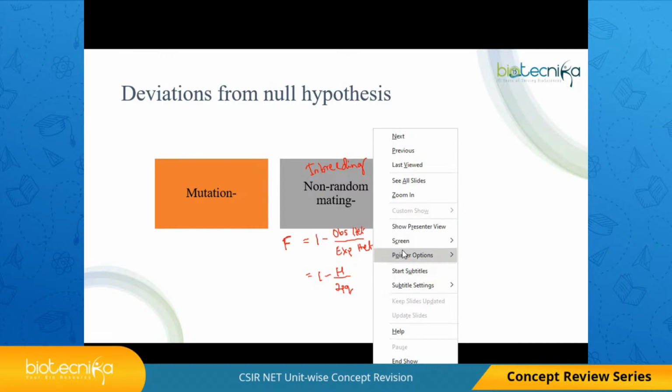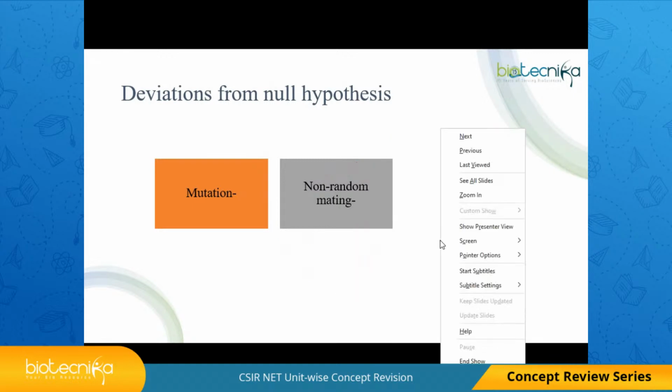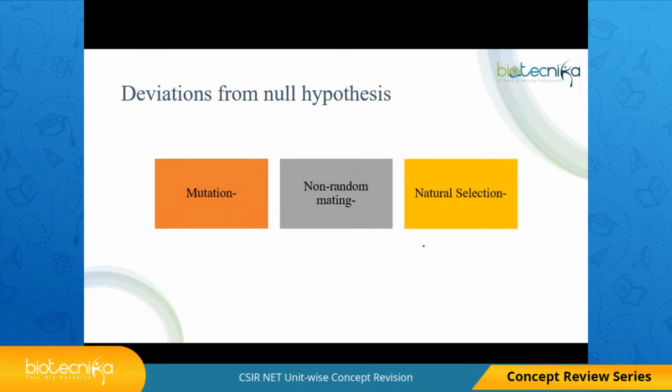Next disturbing element is your natural selection. Now, natural selection is based upon two things. There are two parameters here. One is the fitness level, how fit you are, which is depicted as W. And then there is the selection coefficient, which is given as 1 minus W. All right.